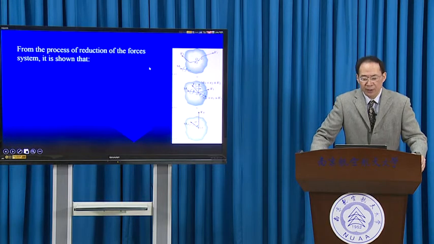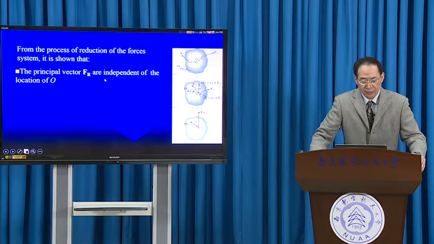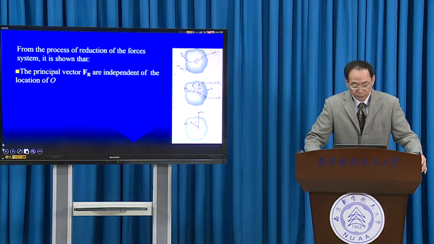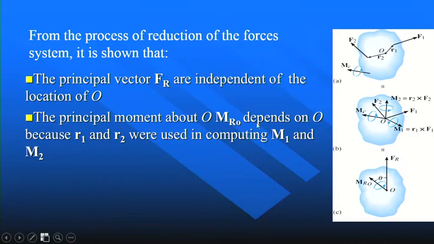From the process of reduction of the force system, it is shown that the principal vector Fr is independent of the location of O. But the principal moment about O, MRO, depends on O because r1 and r2 were used in computing M1 and M2.